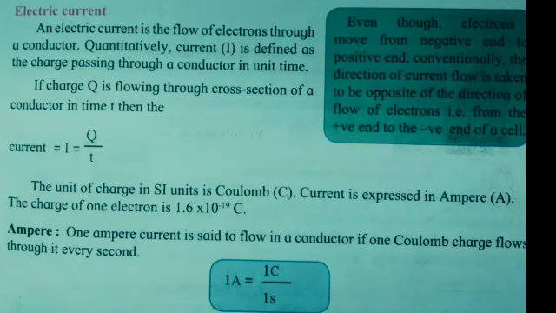The unit of charge in SI is coulomb, that is C, and current is in ampere, A. The charge of 1 electron is 1.6 times 10 raised to minus 19 coulomb. One ampere current is said to flow in a conductor if 1 coulomb of charge flows through it every second. That is, 1 ampere is equal to 1 coulomb divided by 1 second.